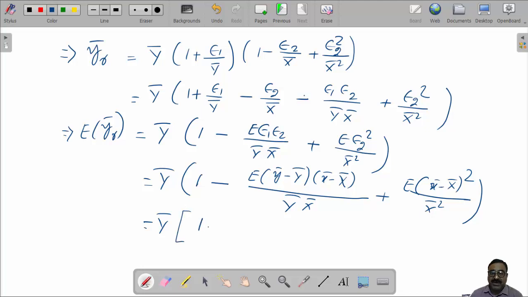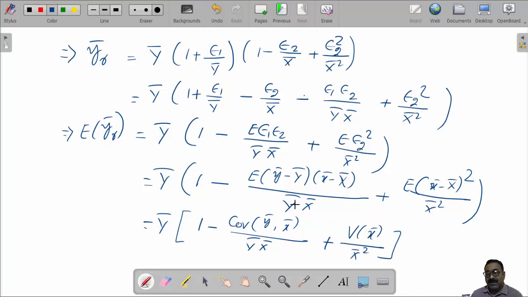So this is equal to Ȳ into 1 minus covariance of ȳ x̄ by Ȳ into X̄ plus variance of x̄ by X̄ square.